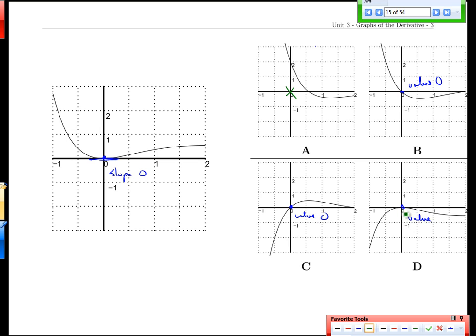Okay, that still leaves us with 3 choices though. The next thing we looked at were the signs of the slopes. In this interval here, the slopes are negative. So whenever x is less than 0 here, we have negative slopes, and that means we should have negative values on our derivative graph. So again, just to sketch this out or label these, this would be f of x, and one of these is f prime of x.